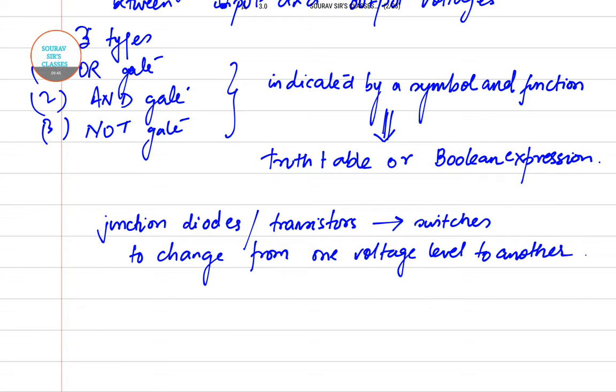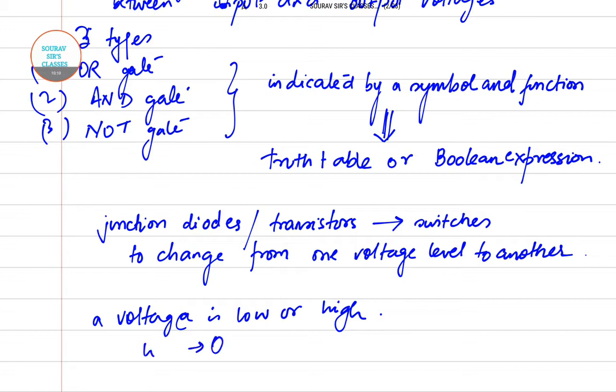Okay. Now in the analysis of a digital circuit, we find out whether a voltage is low or high. Now in a digital circuit, low voltage will often be represented as 0.